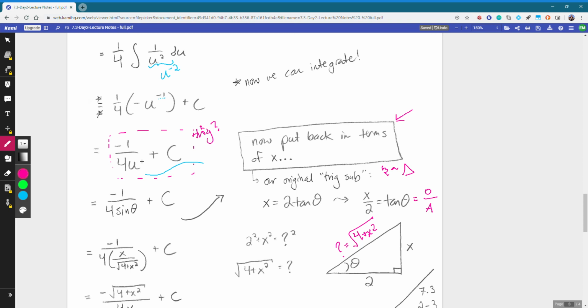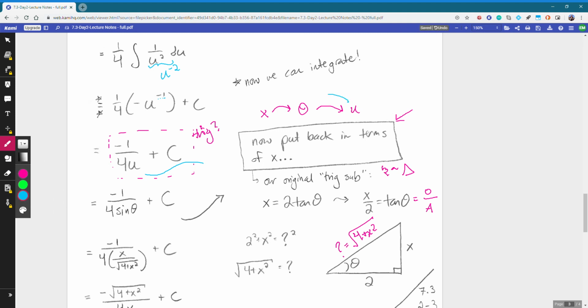In order to get back to x, we're going to have to back up through both steps that we did, right? Our original integral was in terms of x. We did a substitution to make things in terms of theta. And then we did a u sub to put things in terms of u. And so we need to march back through that one step at a time.